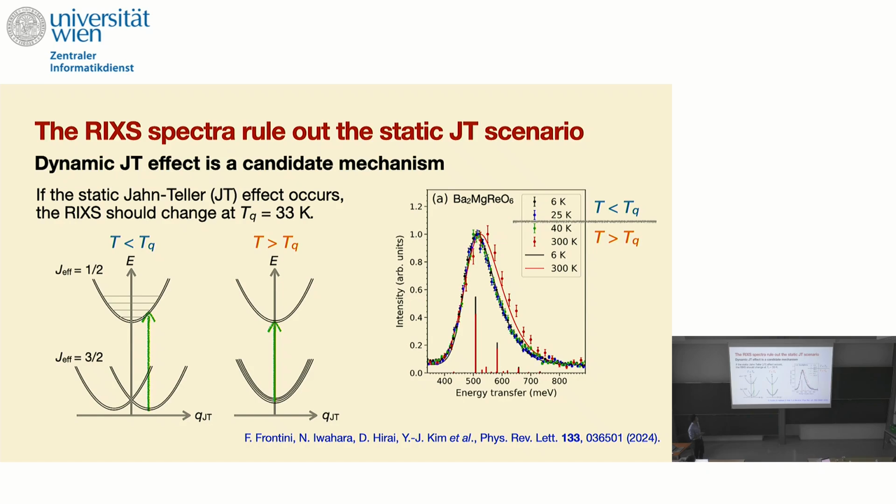But if this is true, then above the quadrupolar transition, the Jahn-Teller distortion should disappear, and we should obtain a symmetric peak. But the experimental data shows this remains asymmetric even above the quadrupolar transition. So we need some mechanism that is not the simple static Jahn-Teller effect. And I would say the dynamic Jahn-Teller effect is important.